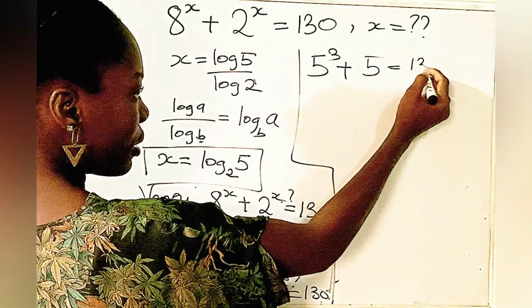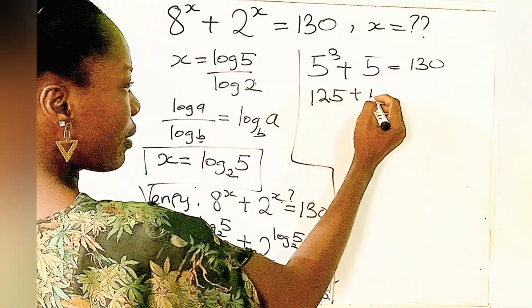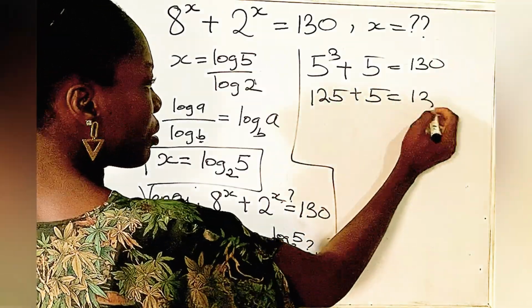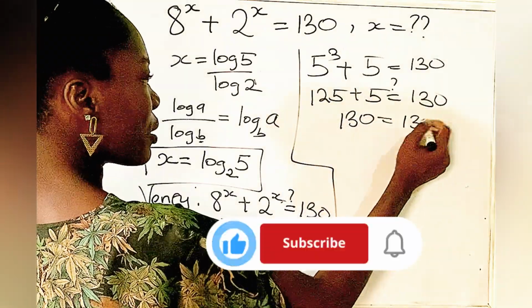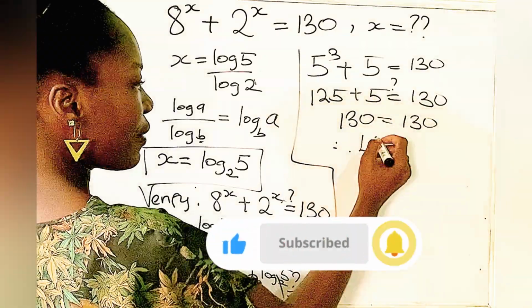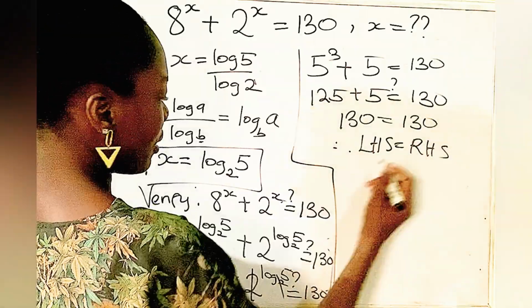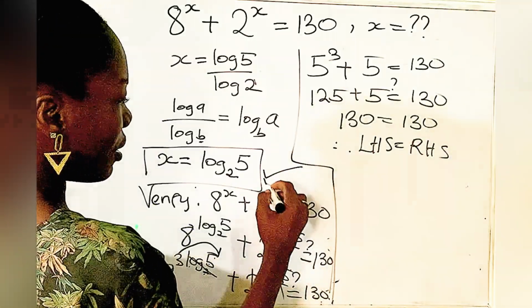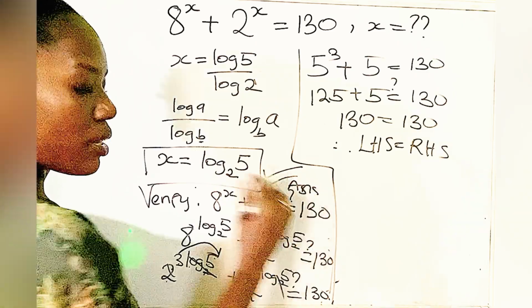Is it equal to 130? This is 125 plus 5, which is 130 is equal to 130. So therefore, our left hand side is the same thing as our right hand side. The value of our x, log 5 base 2, is the answer, and it is correct. Bye bye.